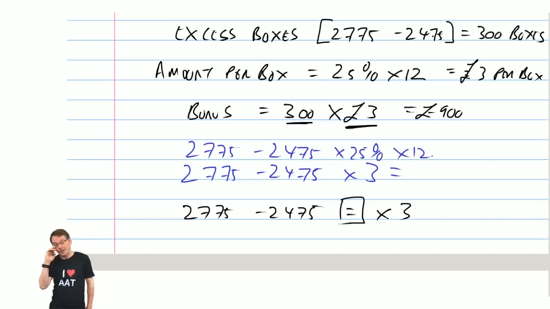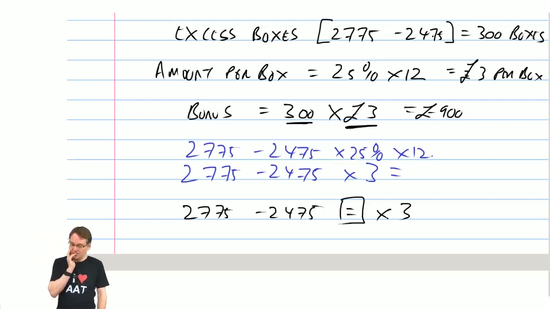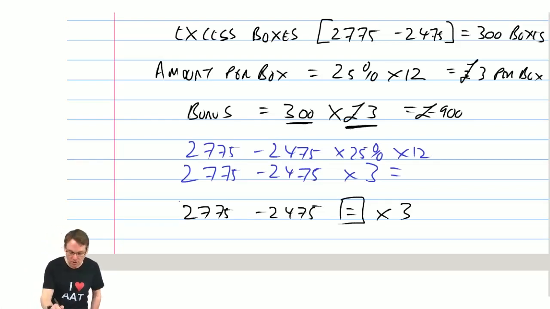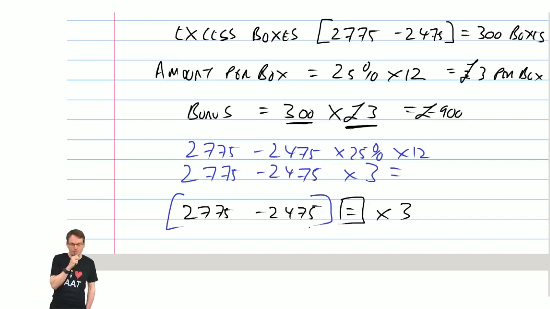And I've got no idea what you'll end up with there. You'll end up with a very, very peculiar number. So putting the equal sign in effect means just do that bit in the brackets, and whatever you get, now multiply it by 3. So if you do want to do it in one go, make sure you keep pressing the equal sign as you go along. Otherwise your calculator will think you want to do something different.